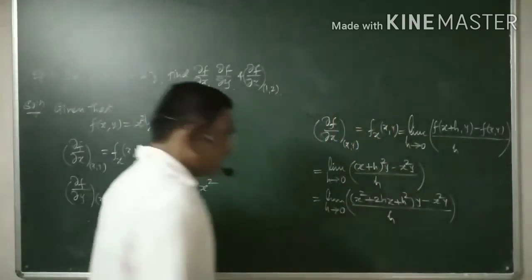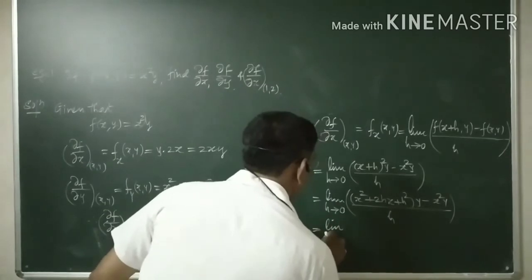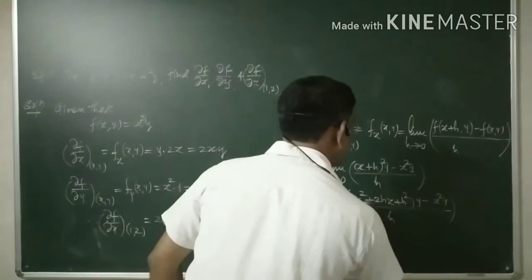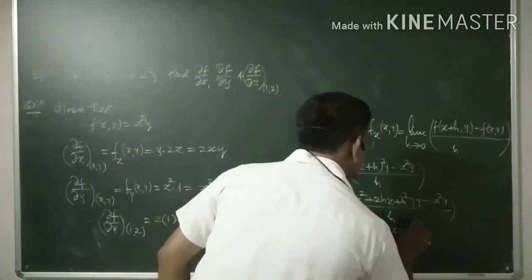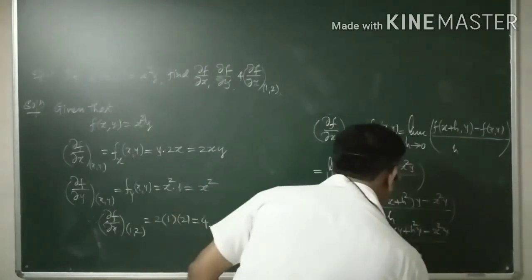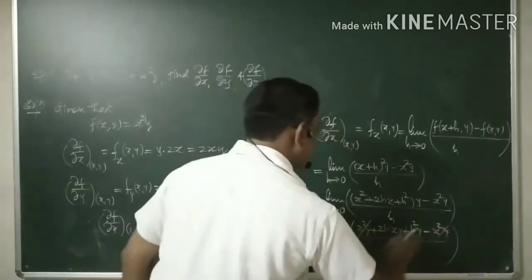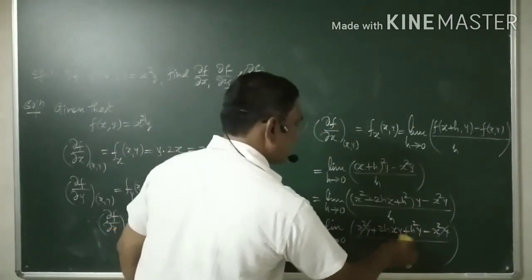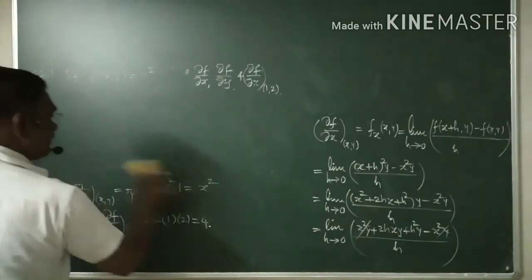Okay, this is further equal to the limit h tends to 0, x²y plus 2hxy plus h²y minus x²y, divided by h. So you can have these two quantities, x²y minus x²y, cancel, and from this one, h you can take outside as common.